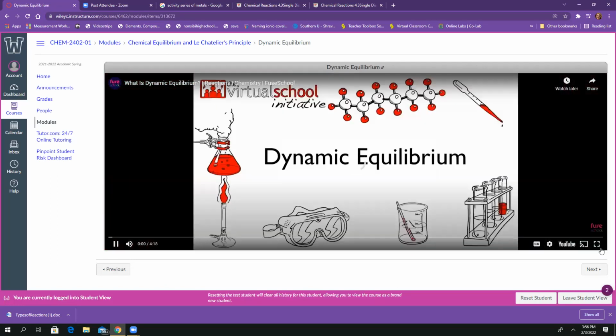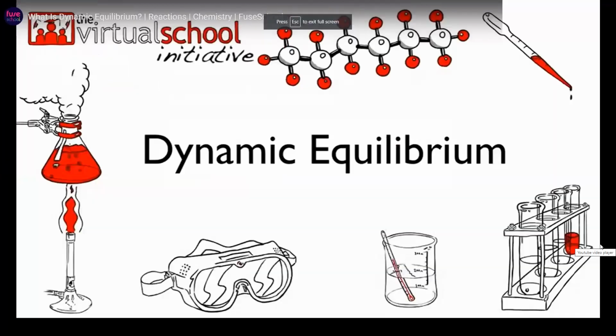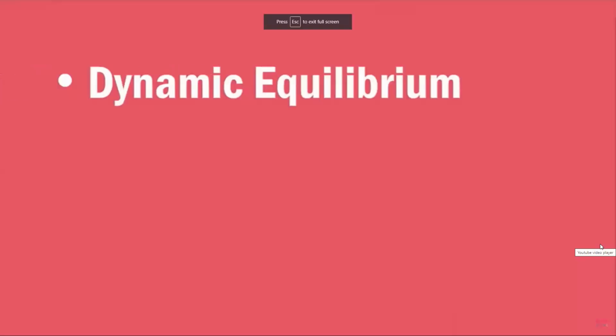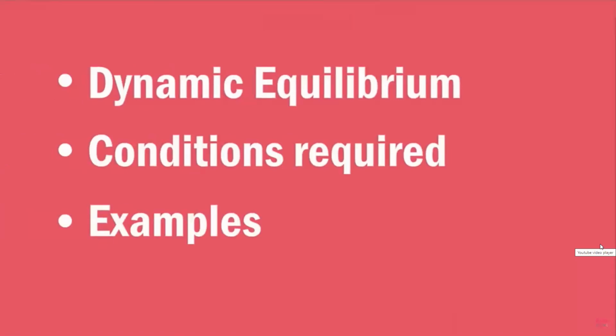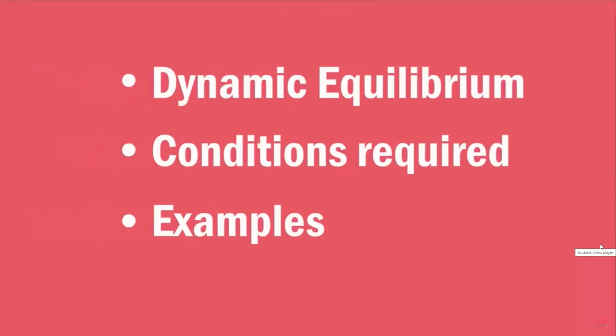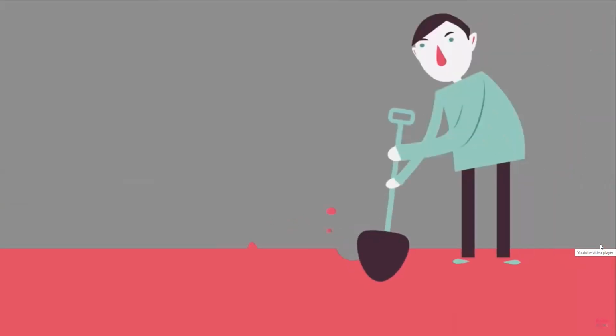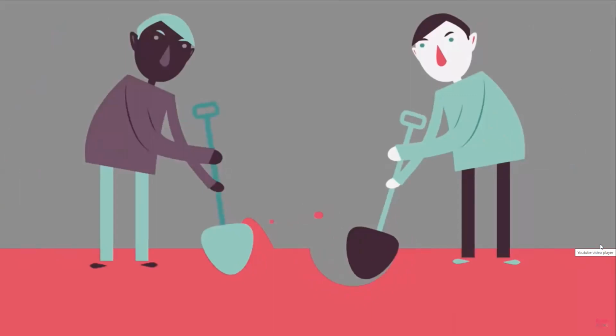So here it goes. In this lesson, you will learn about dynamic equilibrium, the conditions required for dynamic equilibrium to be reached, and examples of systems at equilibrium. Imagine you are digging a hole. Imagine, as you are digging that hole, your friend is refilling it.